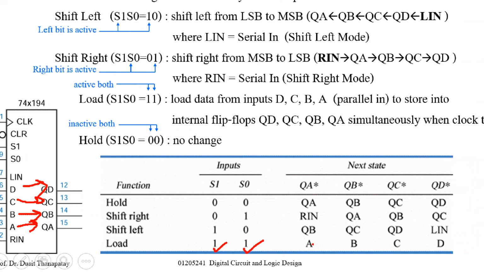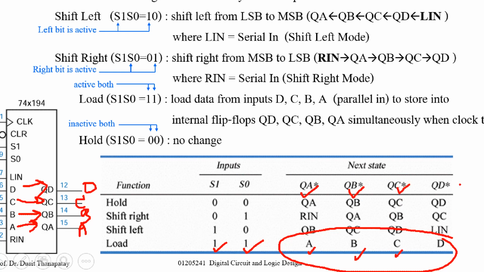So after the clock tick, QA, QB, QC, QD will be A, B, C, D, like this. QA star becomes A, QB star becomes B, QC star becomes C, and QD star becomes D.